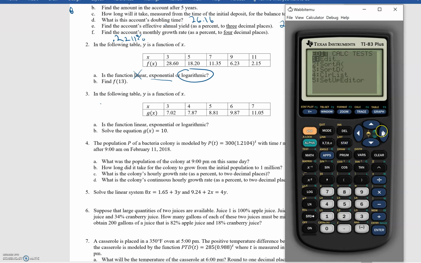I don't know what I'm doing now. Stat calc, ExpReg. So there's my exponential regression.